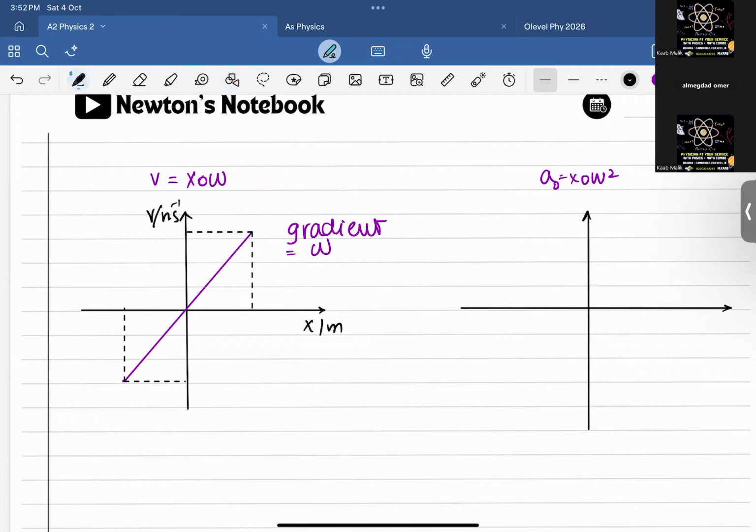And this graph is very common. A naught, A in meters per second squared. And over here we have the displacement in meters, right? Now, can you predict the shape of the graph?